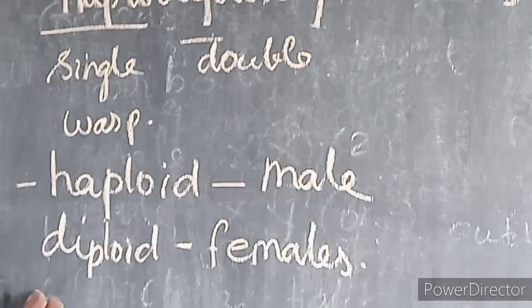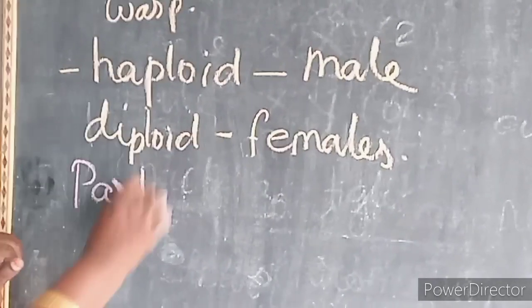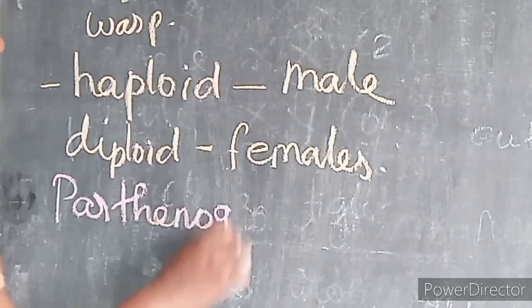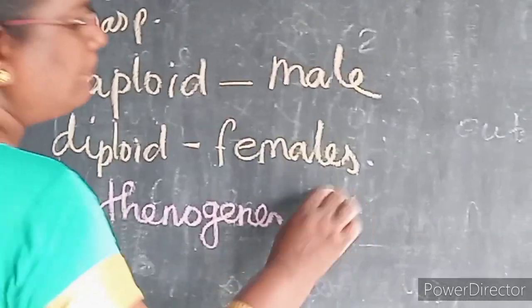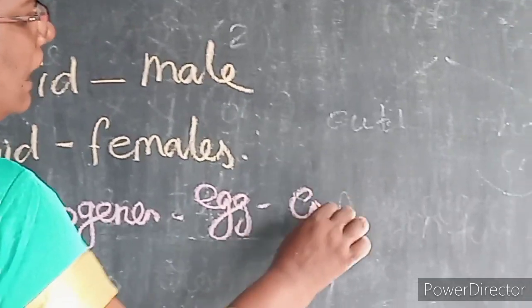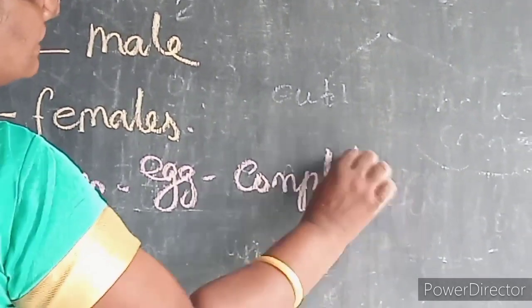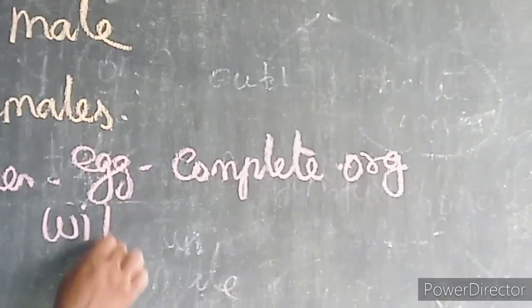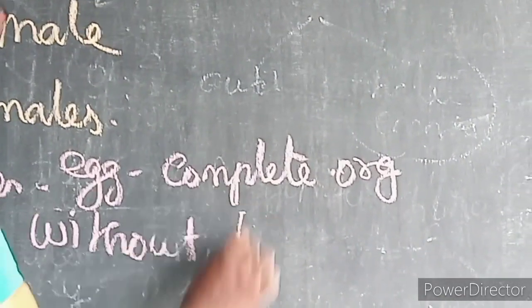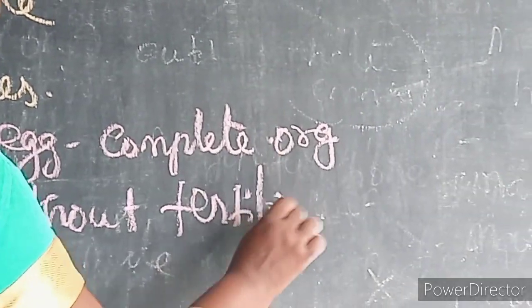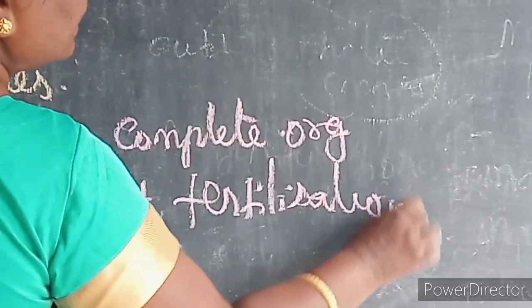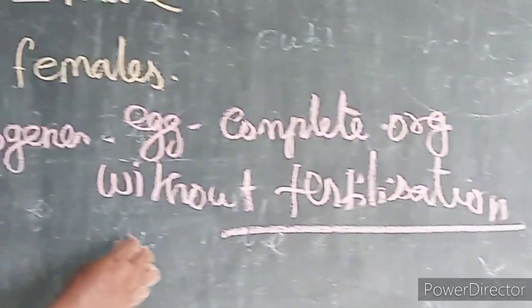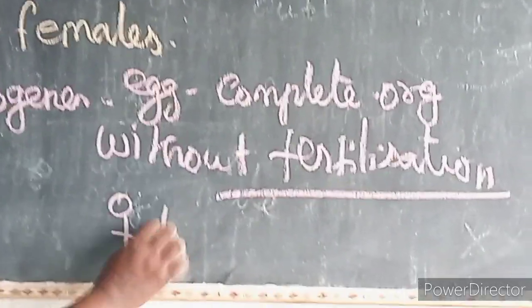So here, what is parthenogenesis? We learned in the first lesson. That is development of the egg into complete organisms without the fertilization. That is called as a parthenogenesis. So this word without fertilization is very, very important. So what is a fertilization? That is union of the male and female.